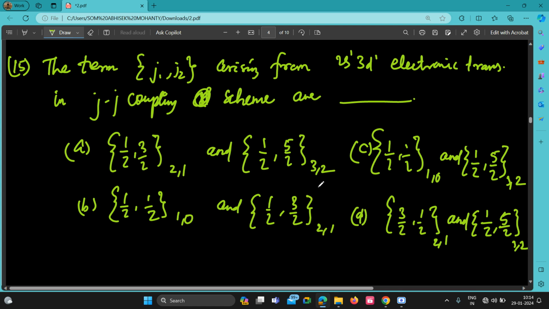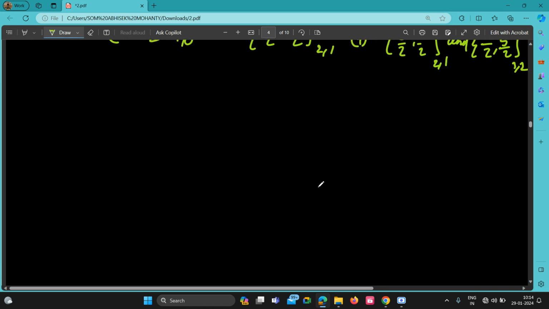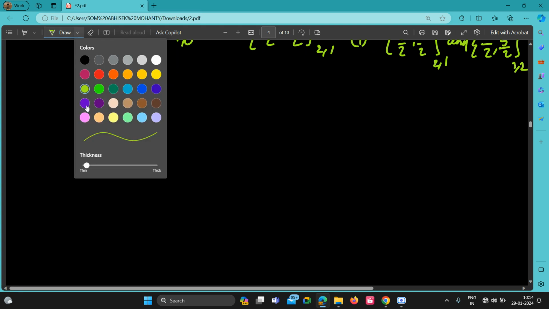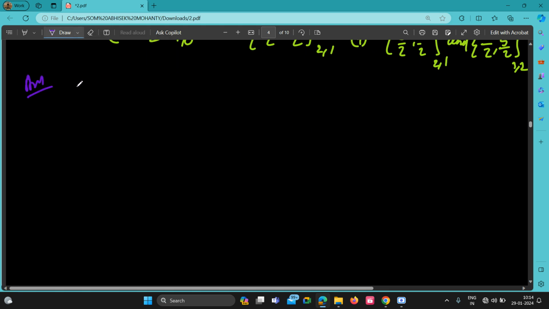JJ coupling from 2s1 and 3d1. So for s1, L is equal to 0 and S is equal to half. Here L is equal to 2.